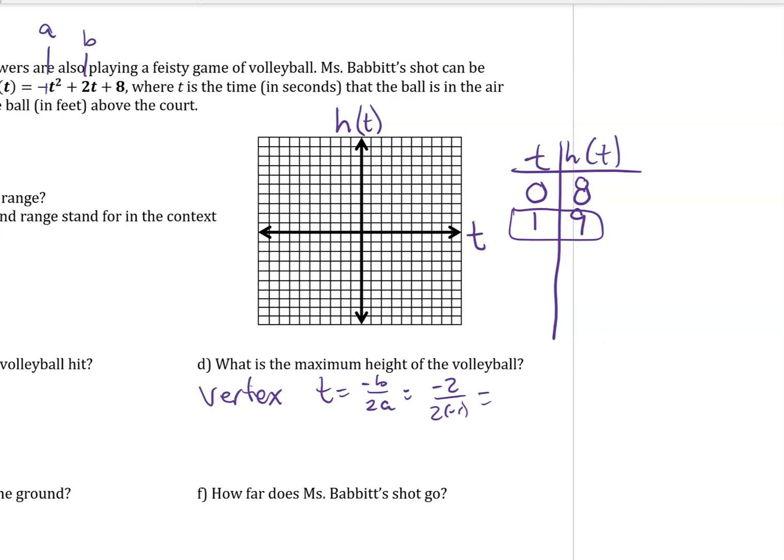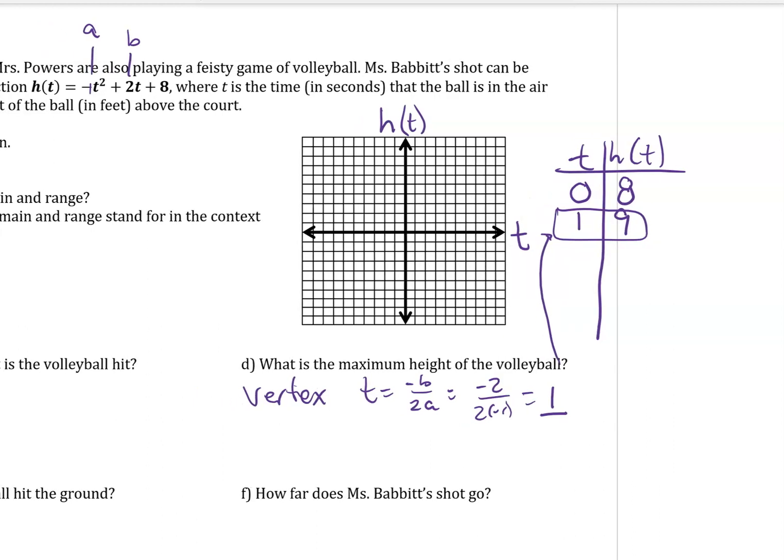So -2 divided by -2 is 1. So our time at vertex is 1. Then we have symmetry. So at time 2, 1 second after the vertex, it will also be at 8 feet, just like 1 second before, due to symmetry.